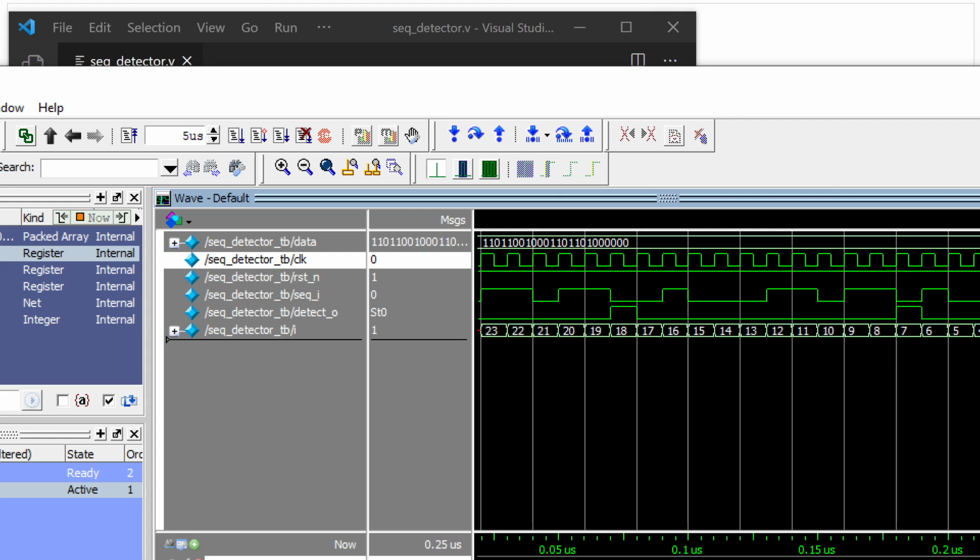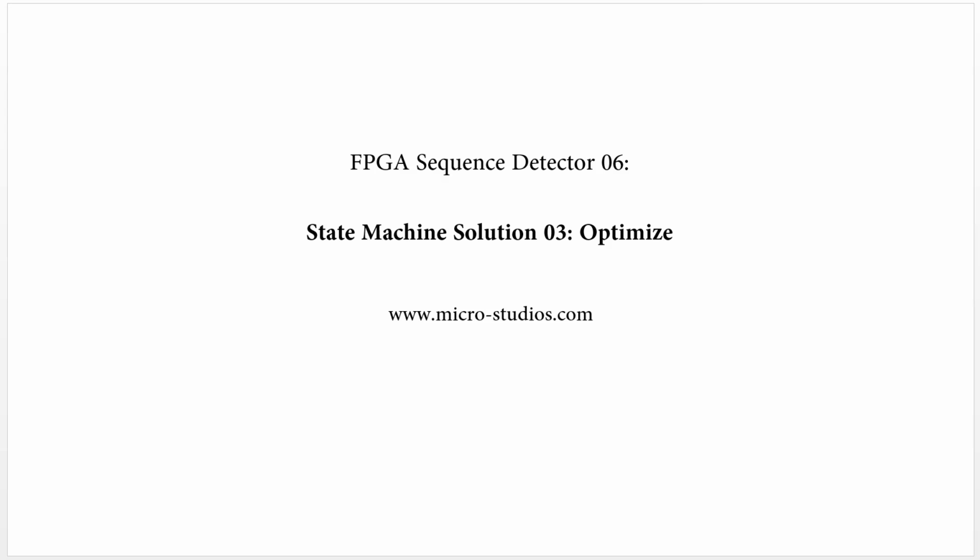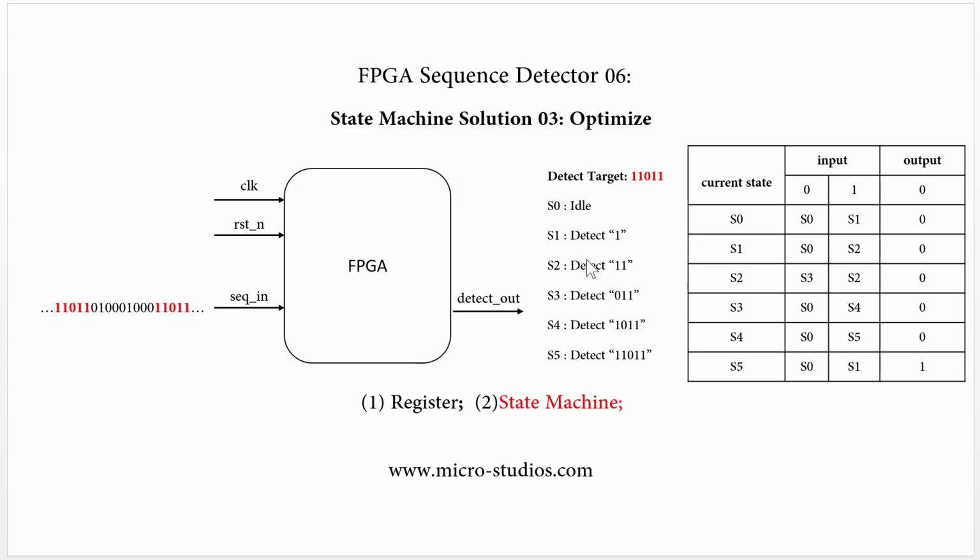Let's check our state transition table. If we look at it carefully, we can see that when the current state is S0 and also S5, the next state will be the same.